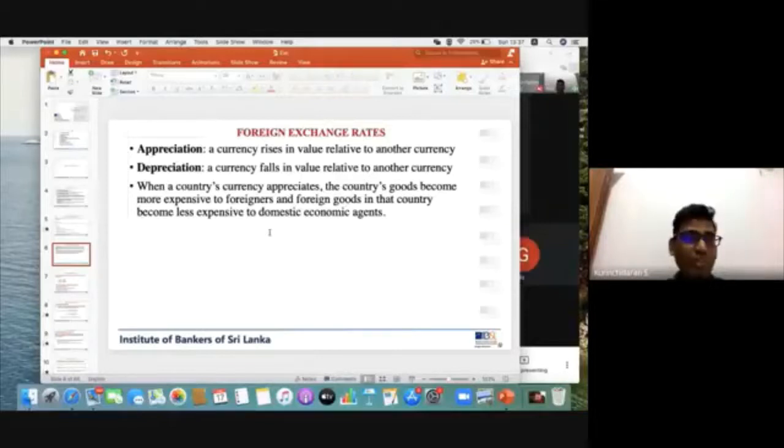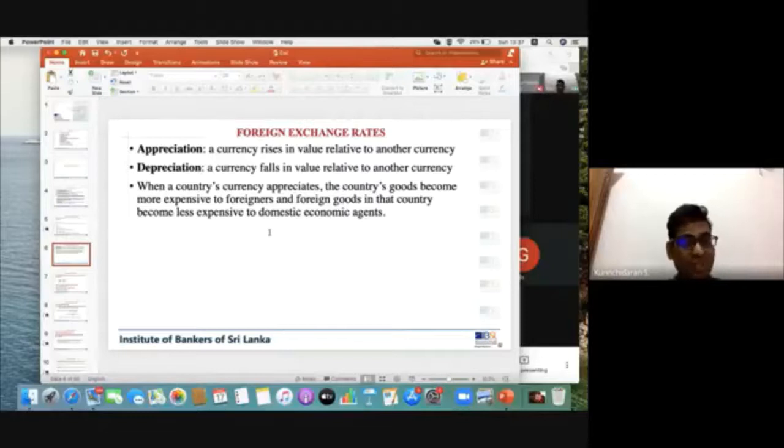So for normal goods and services, if you want to buy a good, the price can change, go up in the future or go down in the future.